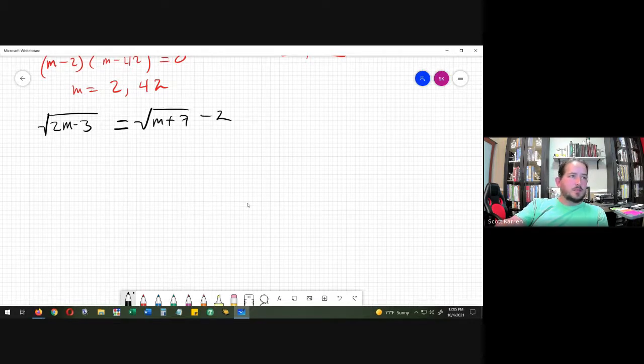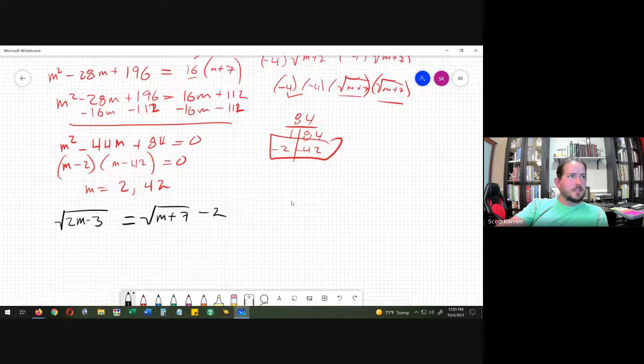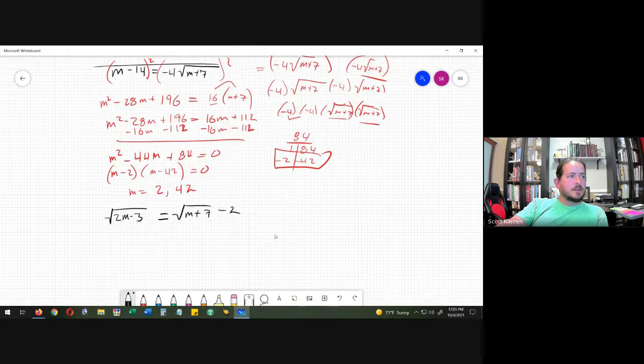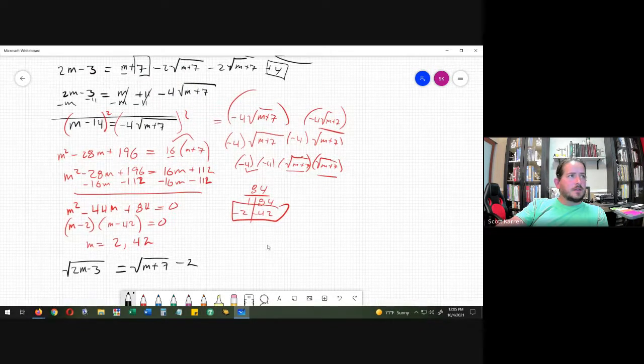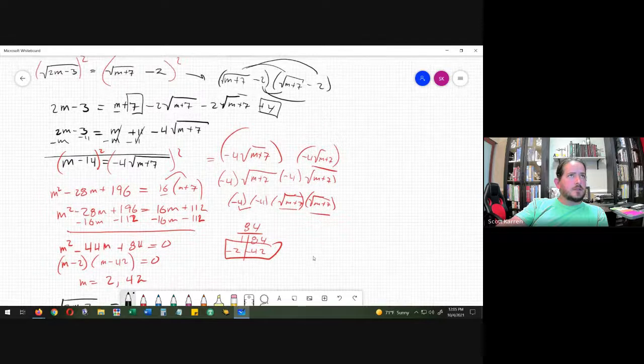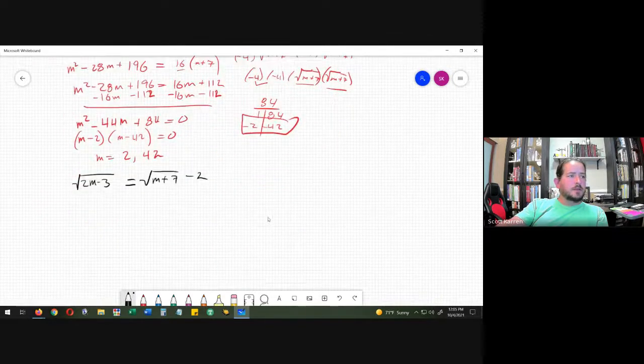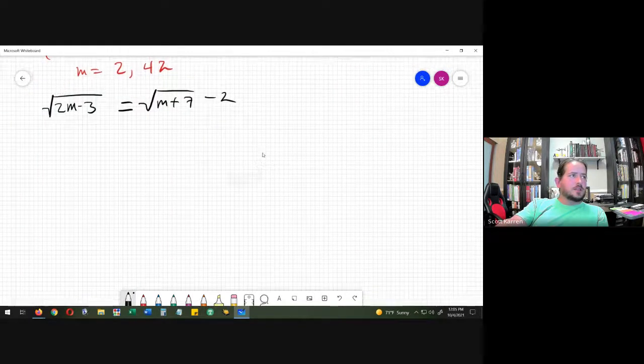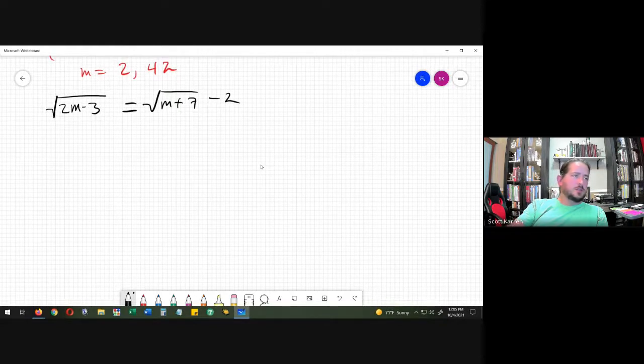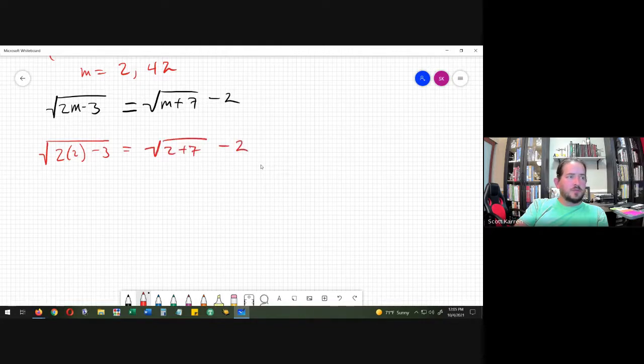Just make sure that's right for a second here. Where was it? 2m minus 3. Yeah. Okay. I'm going to check 2. 2 is the easy one, so I'll plug that in. That would be square root of 2 times 2 minus 3 equals the square root of 2 plus 7 minus 2.